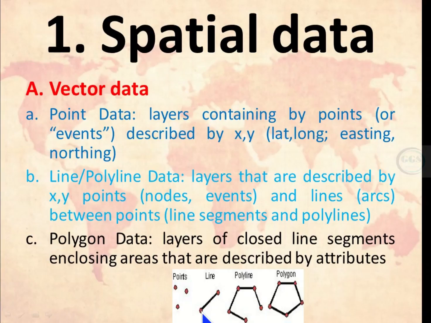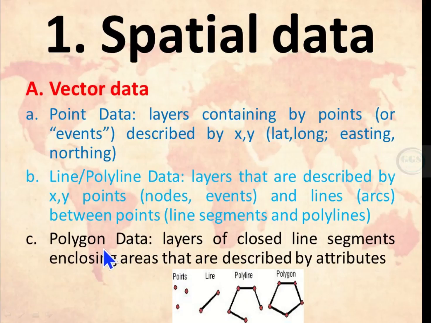And a line is 2 or more points connected together, just as it is on the screen. So this is a line and it's a vector data. A polyline is a series of points connected together that has vertices, but they are not enclosed.